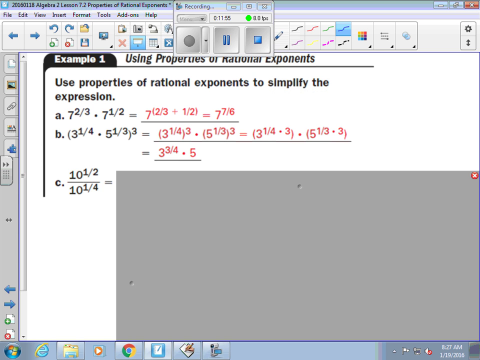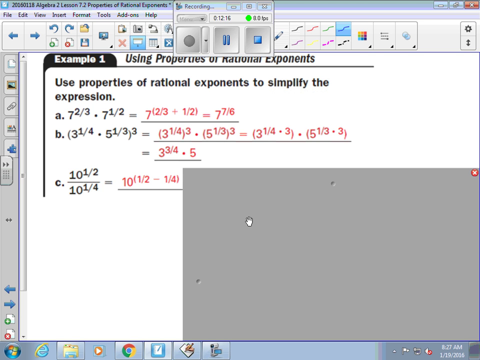Okay. C, for example number 1, is 10 to the 1/2 divided by 10 to the 1/4. You're dividing the same base, 10, so you subtract 1/2 minus 1/4. That gives 10 to the 1/4.